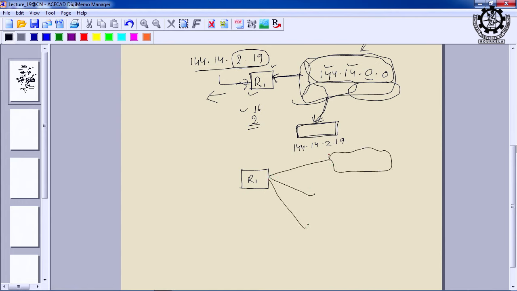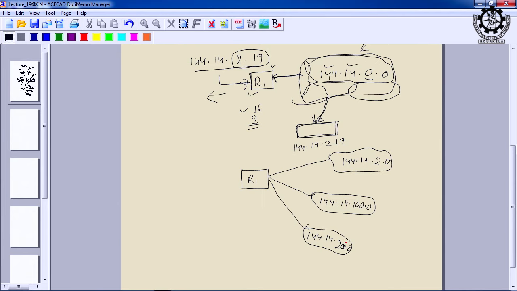This is one subnetwork, 144.14.2.0, let us say, then another subnetwork with some address, let us say 100.0, and another subnetwork, let us say 200.0.